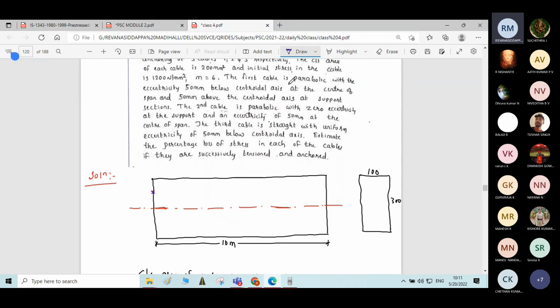I'll go through once again. The first cable is parabolic with eccentricity of 50 mm below the central axis at the center of the span. At the center, 50 mm eccentricity, and 50 mm above the central axis at the support. Here I mentioned, so I'll write the diagram now.